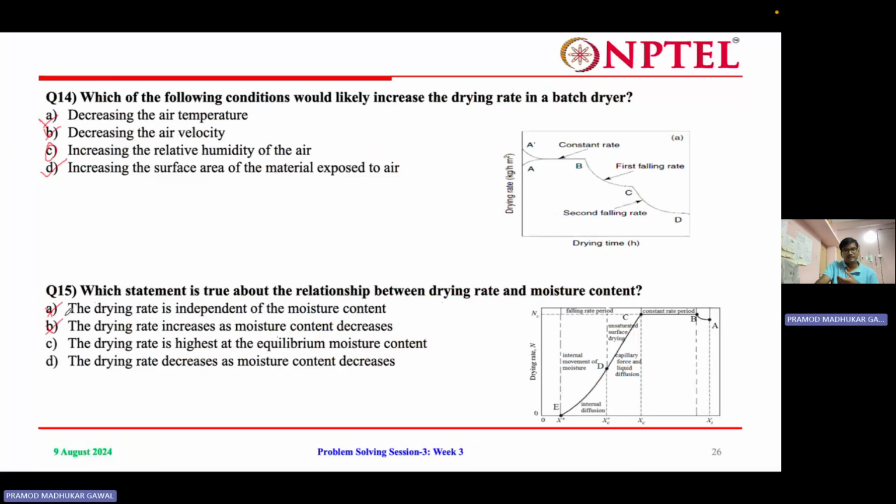After some time, the drying rate also decreases with decreasing moisture content. Option C, the drying rate is high at static equilibrium moisture content, no, this is not possible. Option D, the drying rate decreases as the moisture content decreases. Yes, option D is the answer.